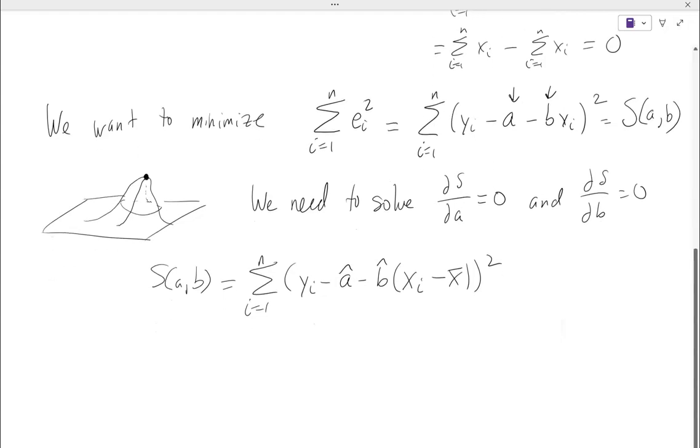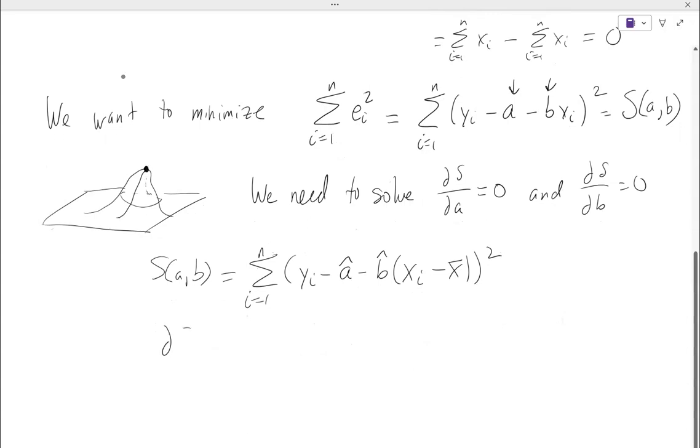All right, so let's take our partials. I want to differentiate with respect to a. Derivatives behave nicely with respect to sums, so that's not going to change anything. What am I going to have to use when I take the derivative? I've got a thing squared, so I need the chain rule.